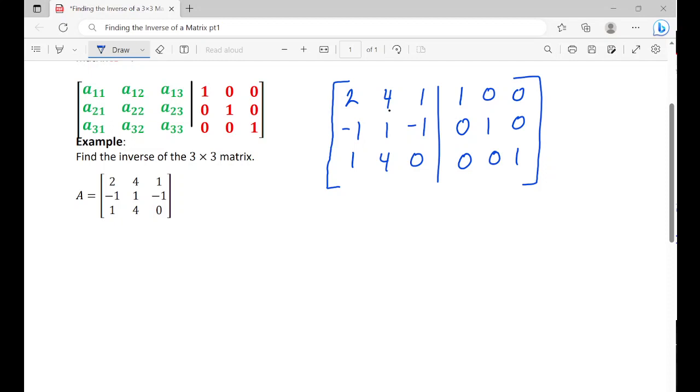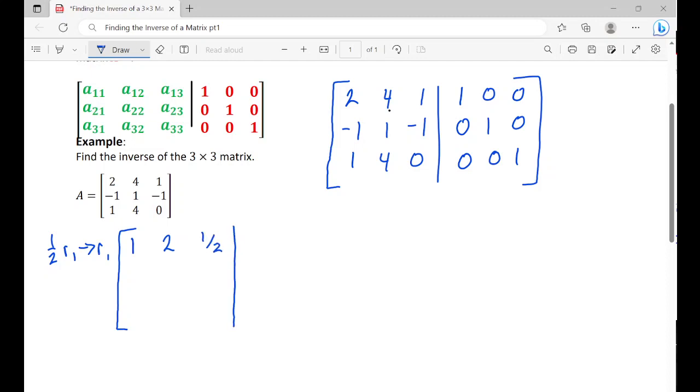So first thing I'm going to do is turn this 2 into a 1. So I'm going to do 1/2 row 1 for a new row 1. So it's going to be 1/2 times 2, which is 1. 1/2 times 4, which is 2. 1/2 times 1 is 1/2.